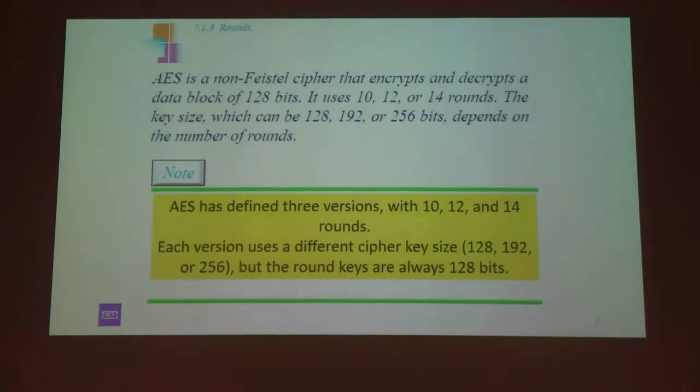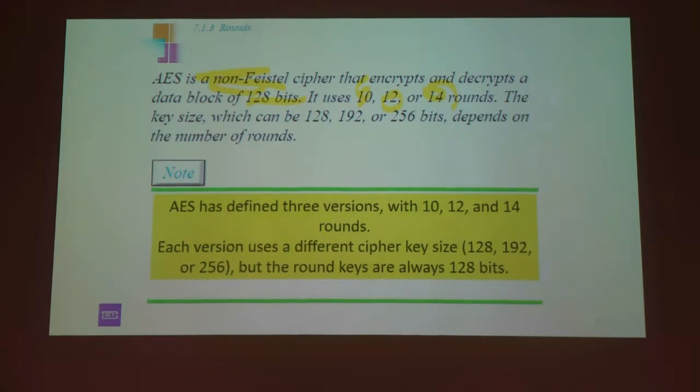So we agreed that it's a non-Feistel cipher that encrypts and decrypts a data block of 128 bits. What's the size of the data block? 128. And how many rounds to use? There are 3 versions. In DES we had 16 rounds, right? Here you could have 10 rounds, 12 rounds, or 14 rounds. We'll see the design.